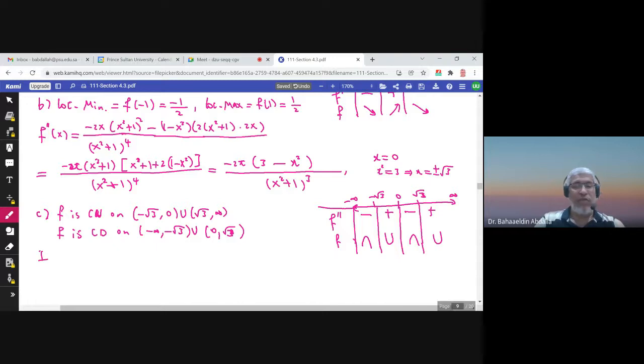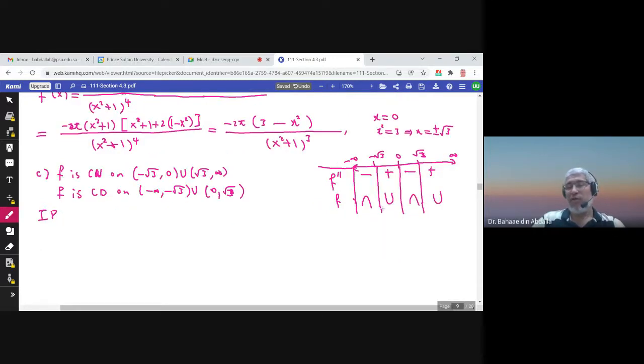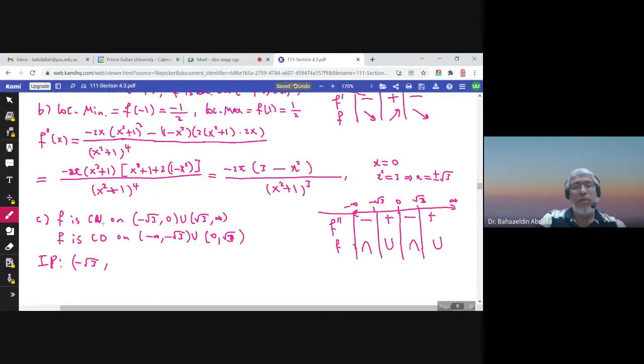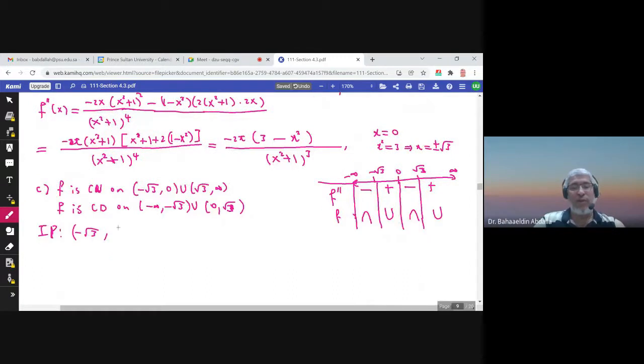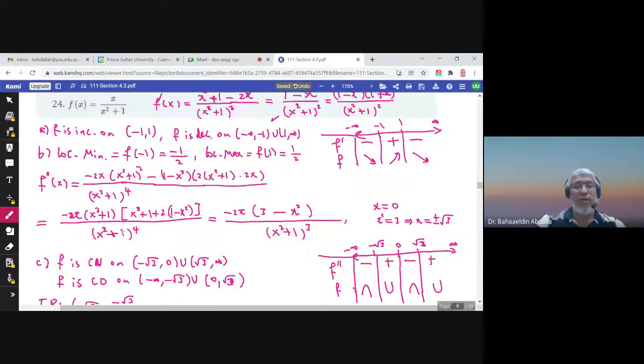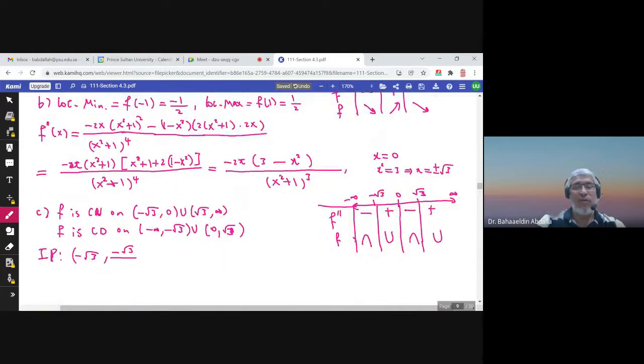And inflection points, I have 1, 2, 3 inflection points. So I have negative square root of 3 and f of negative square root of 3, which is negative square root of 3 over 3 plus 1, 4.